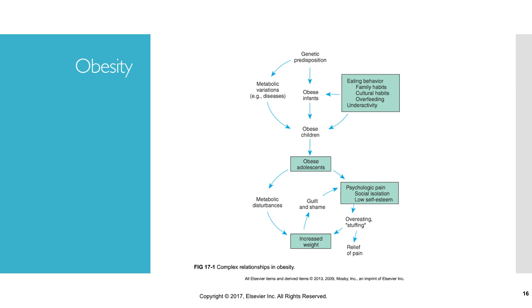This can lead to metabolic disturbances and disorders. Additionally, they may be bullied because of their weight, and that can lead to psychological pain, which can lead them to using food as a comfort.